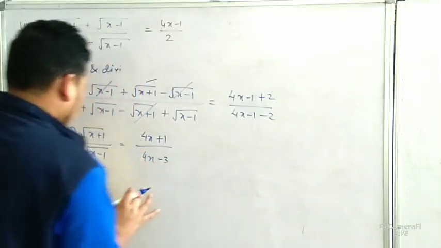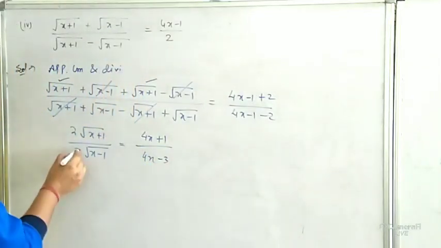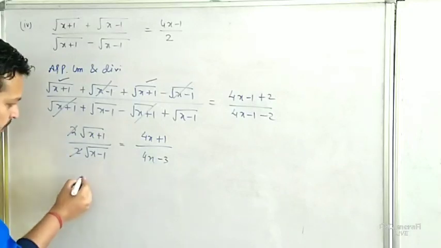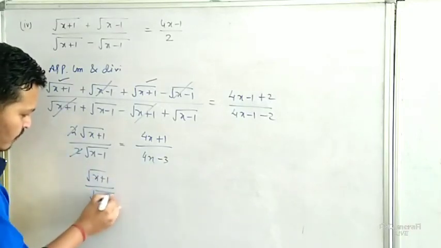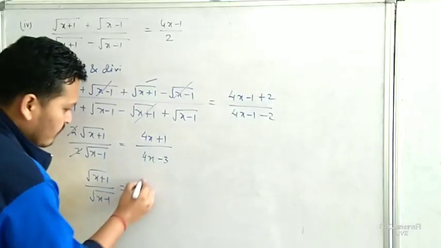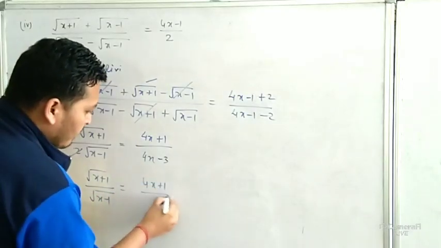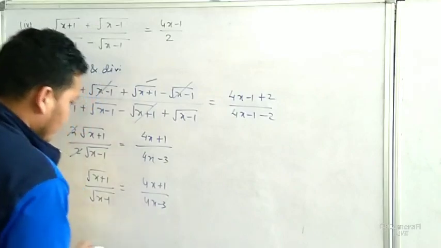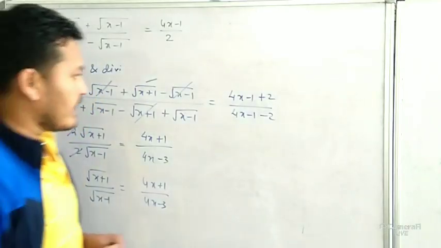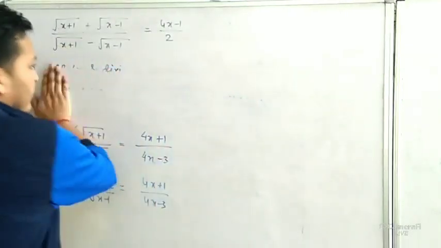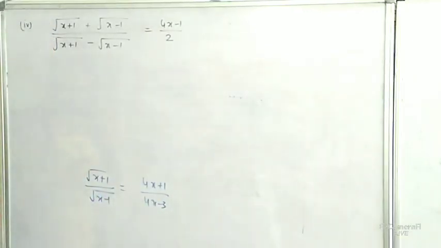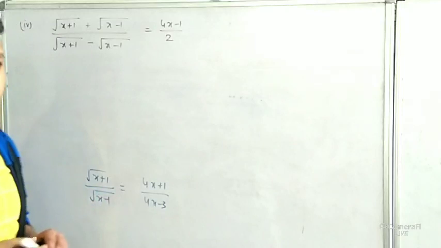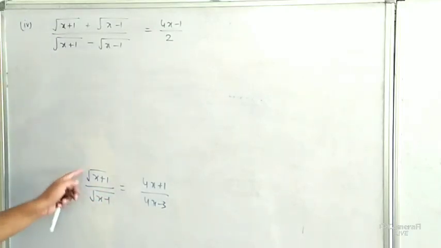Okay, तो sir अब क्या करें, this is 2 and 2 cancel out, so what is remaining, it is root x plus 1 upon root x minus 1 is equal to 4x plus 1 upon 4x minus 3. अब root in the numerator, roots are coming in the numerator, so how can we solve it? तो क्या करें, we can take the square on both sides or remove the root from the left hand side.